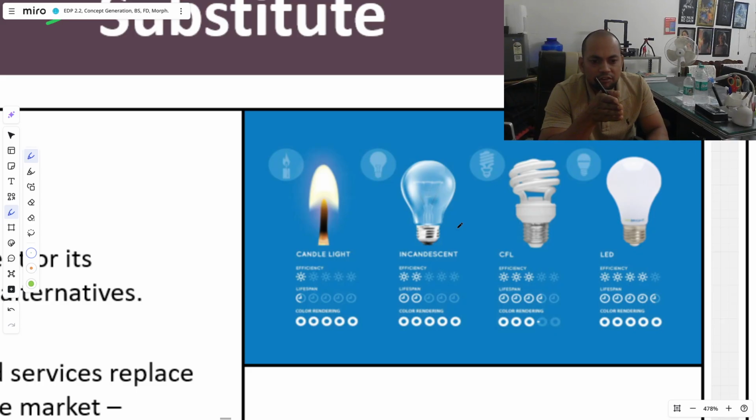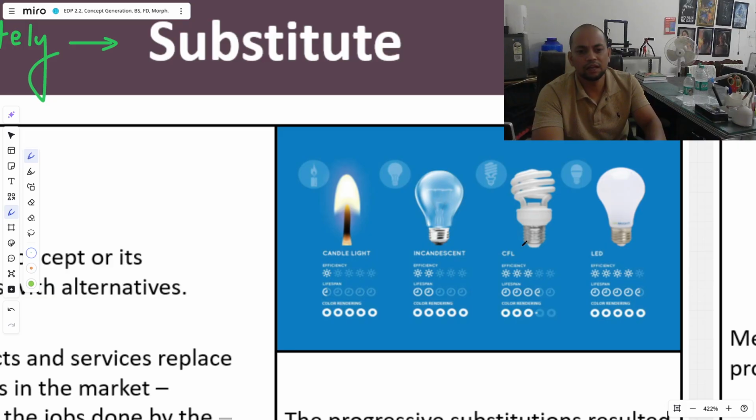Then the CFL came, the compact fluorescent lamp. Before this, you had large fluorescent lamps also, the light tube or tube light, as it was usually called. Nowadays you have LED tubes, right? The CFL came before the LED tubes. These days, the latest technology is LED.